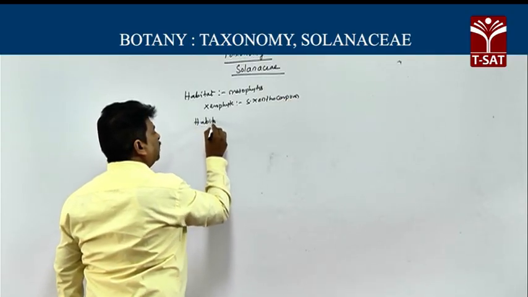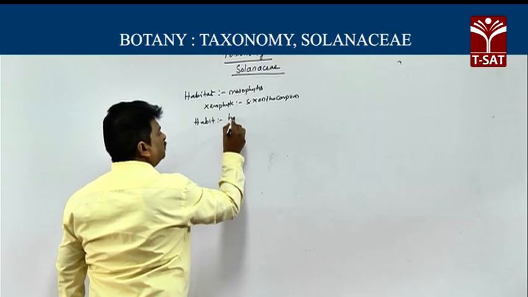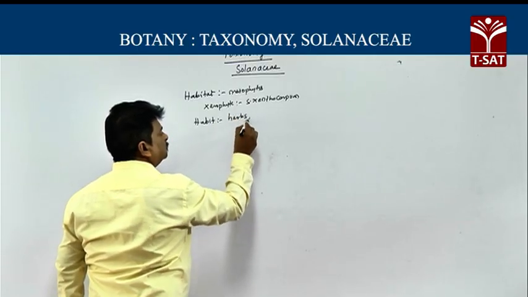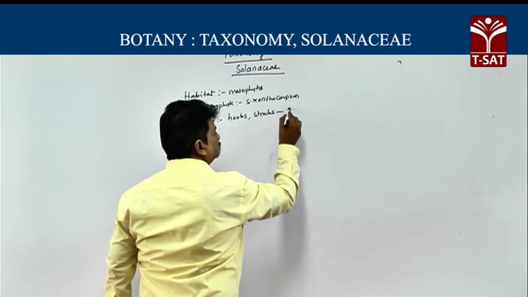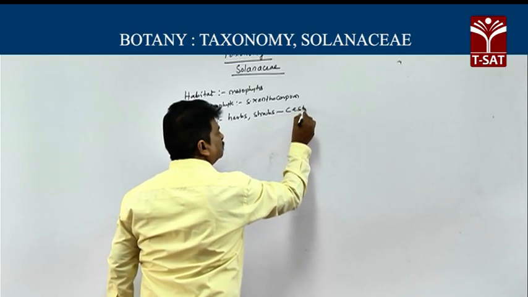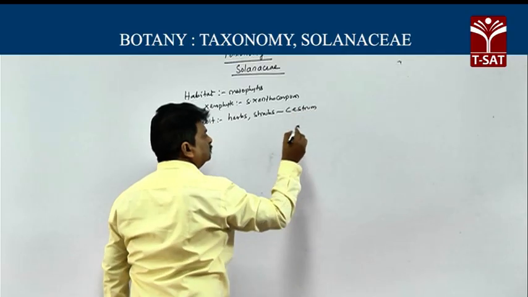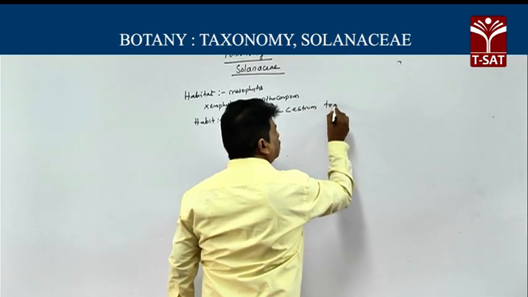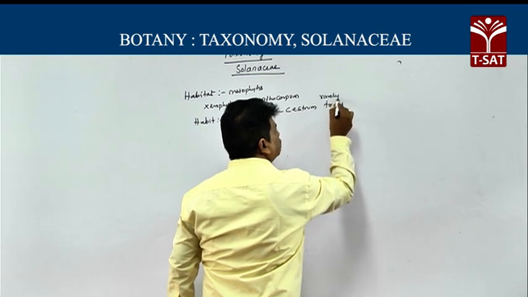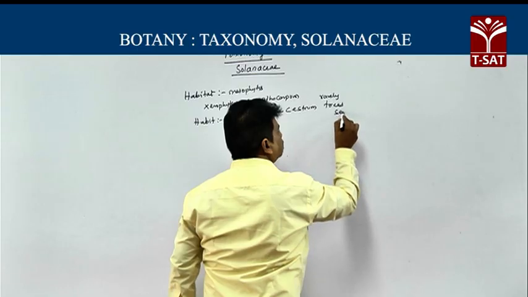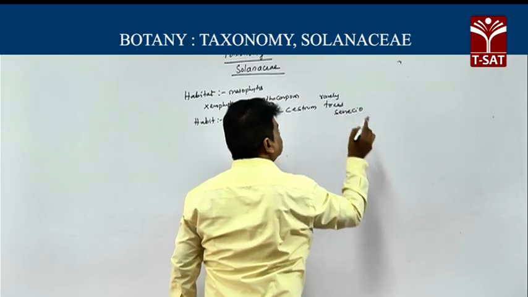The next one, habit. Most of the plants are herbs, some are shrubs. Example for shrubs, Cestrum. And in rare cases, trees. Example for trees, Cestrum.